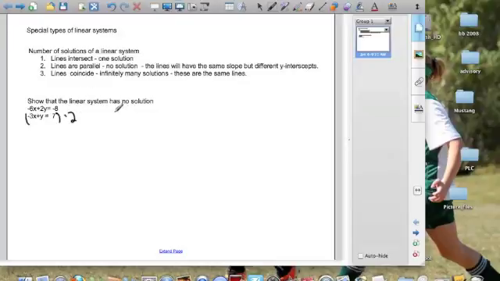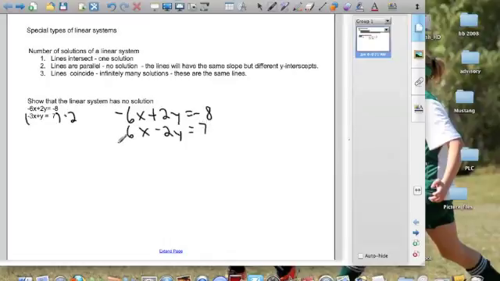So we'll take -6x plus 2y is equal to -8. That's actually the top equation. The second equation then would be positive 6x minus 2y is equal to 7.